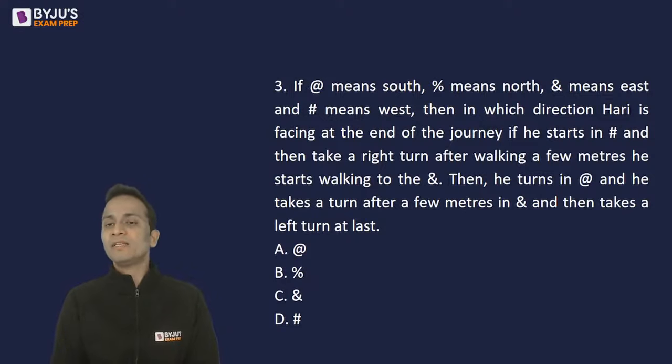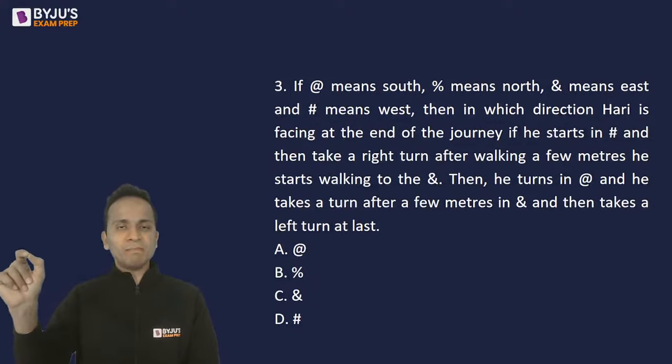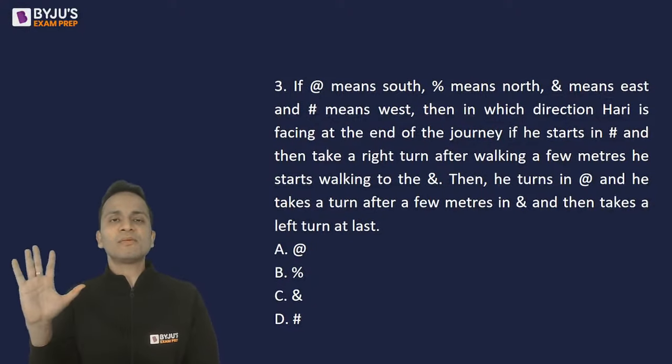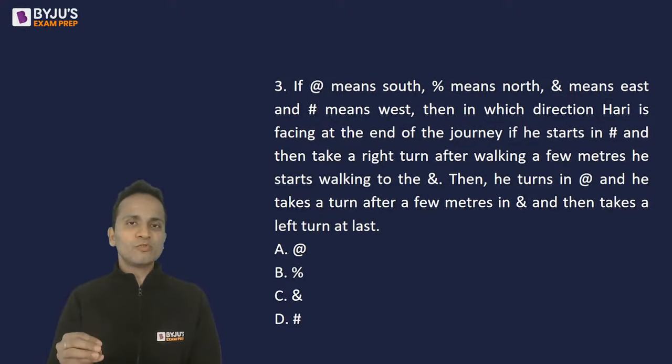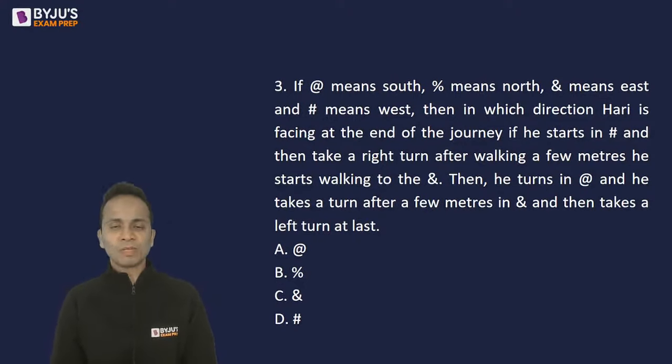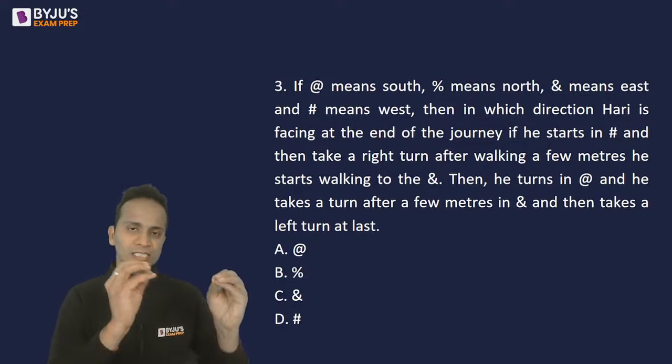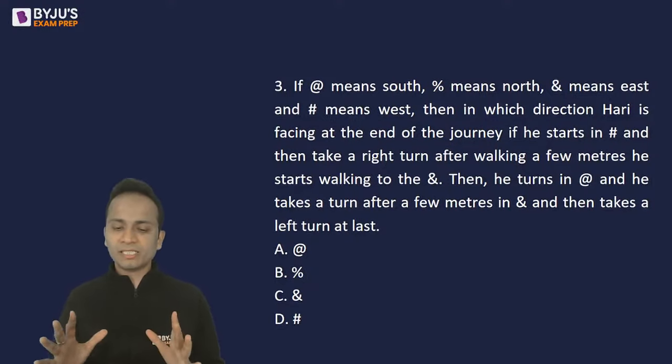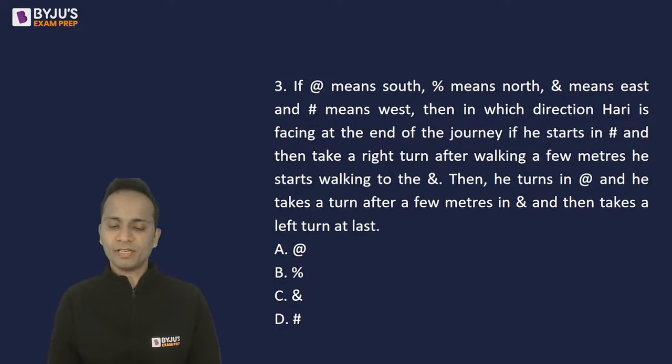Then he turns in at the rate direction and he takes a turn after a few meters in and direction and then takes a left turn at last. Quickly solve this. It's very simple. Wherever there are symbols, replace them with directions and then it will be a normal statement like you find while solving direction sense questions. It is a basic direction sense question, just replace the symbols with their directions and then you'll have to draw the figure.